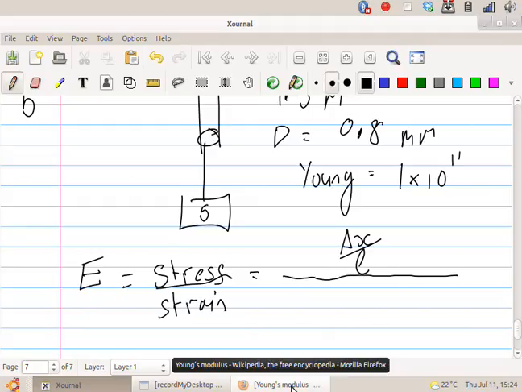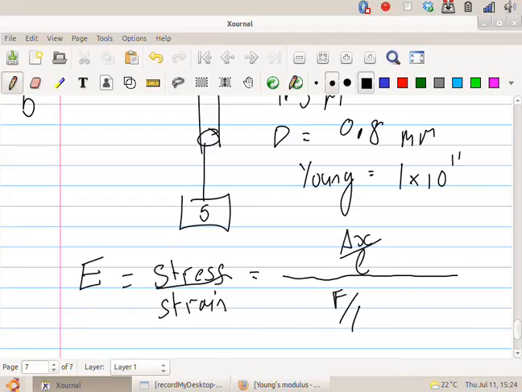Very good, force over area. Now, do I have these the right way around? I think it's the other way around. Stress is force over area and strain is the extension over the length.